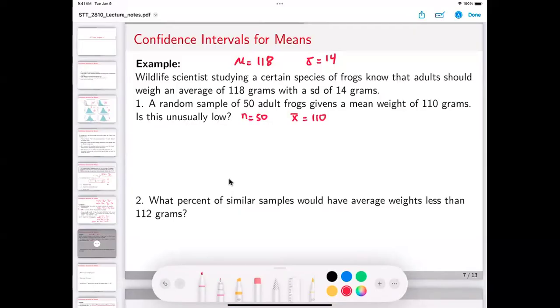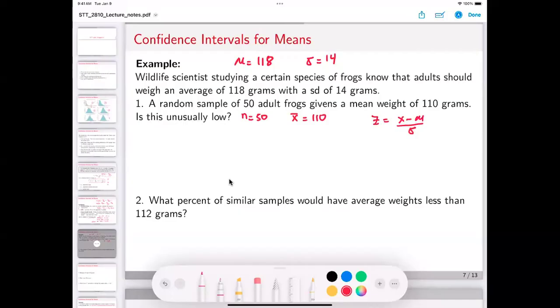Now they are trying to ask you, is this unusually low? To be able to answer that, we would need to compute the z-score. Is that okay? Remember in our previous chapters, we learned that the z-score is equal to x minus mu divided by sigma. That is how to compute the z-score.